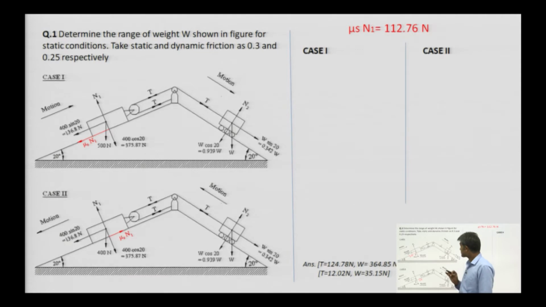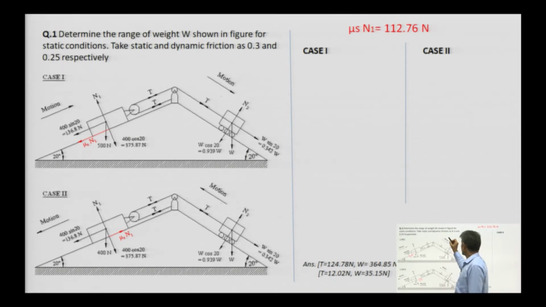Prior to solving, we will consider two cases. One case is for the impending motion of this trolley weight in the downward direction.